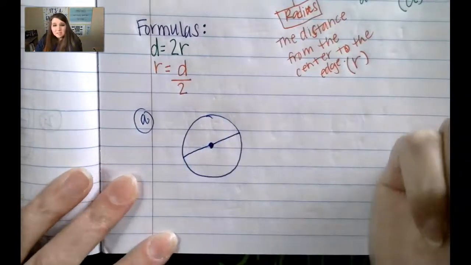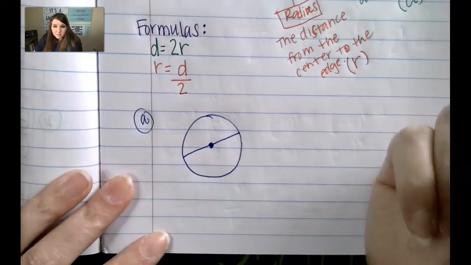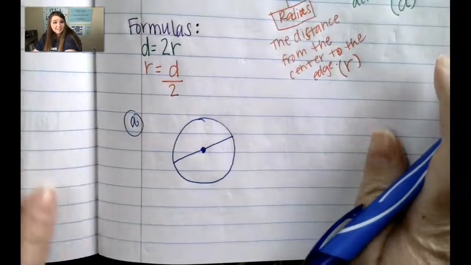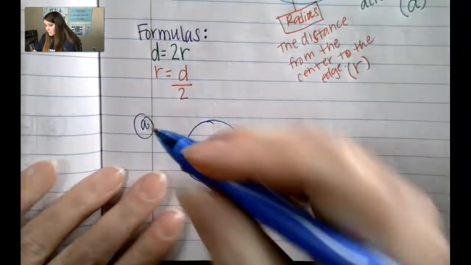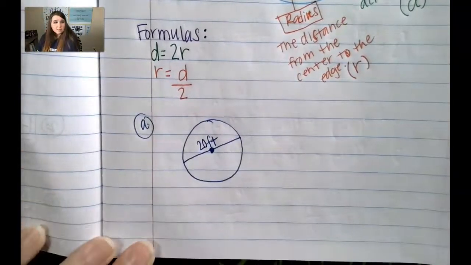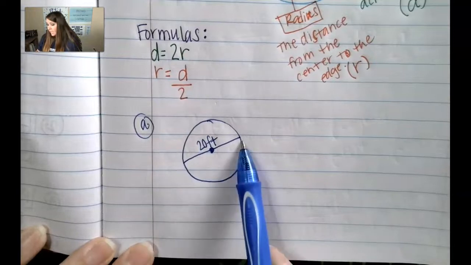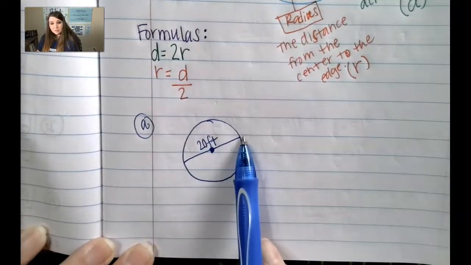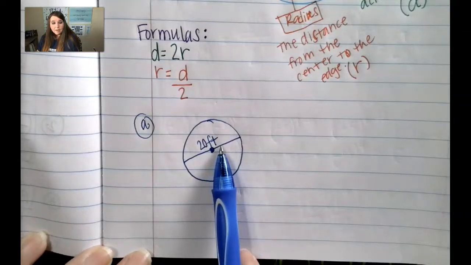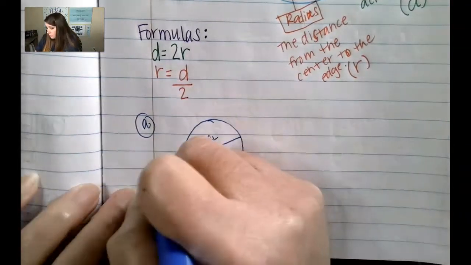Okay, the circle looks something like that. Almost looks like a Pokemon ball. In your circle, you have 20 feet. So this means that from edge to edge, across the center of the circle, it is 20 feet. They want us to find the radius.